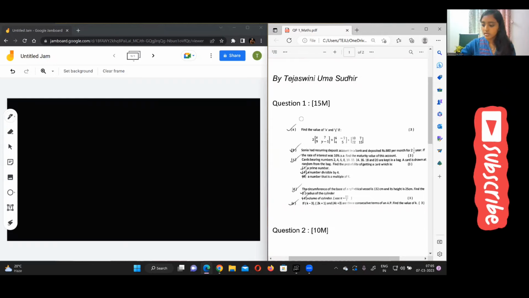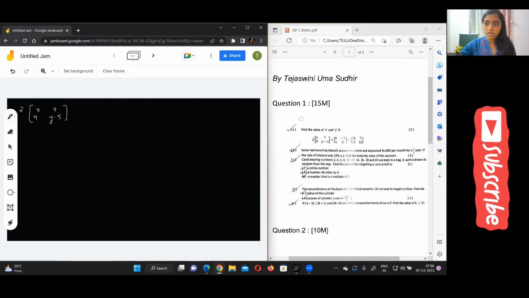So it says 2 into the matrix [x, 7; 9, y minus 5] plus the matrix [6, minus 7; 4, 5] is equal to [10, 7; 22, 15]. What we are asked to do is find the values of x and y.